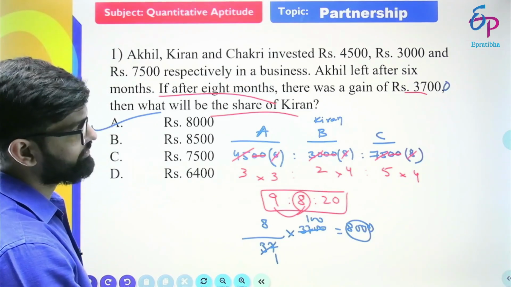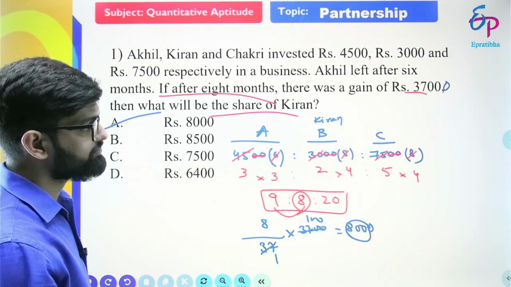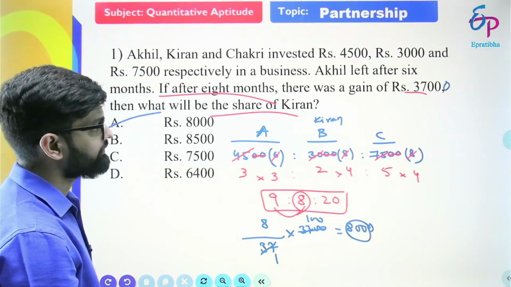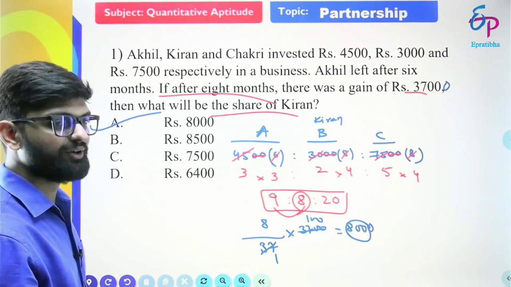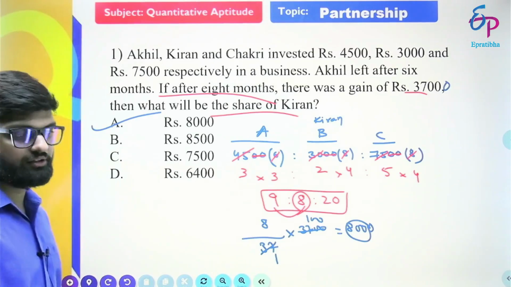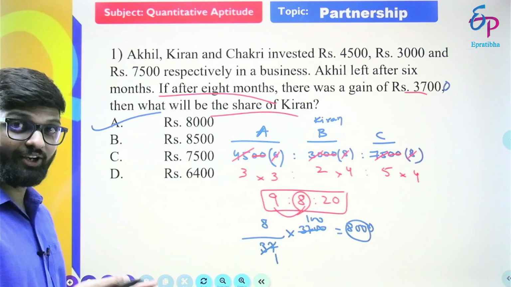Now that is also near to impossible to generate that much profit, but this is a hypothetical question. Take 8,000. Maybe some of the entrepreneurs can do that.